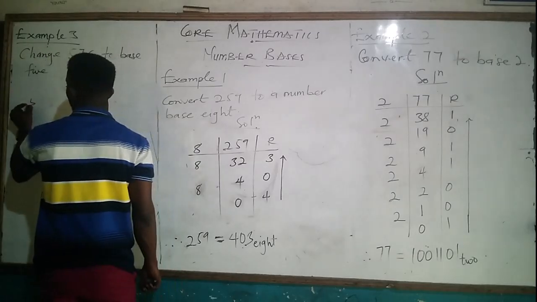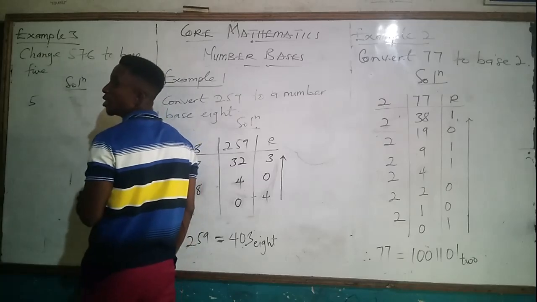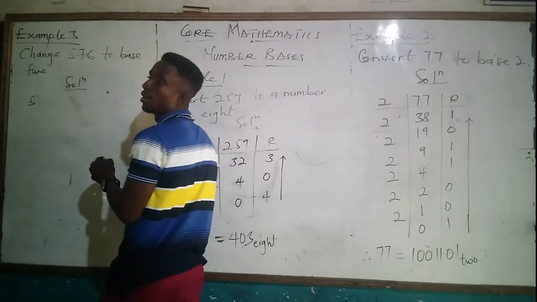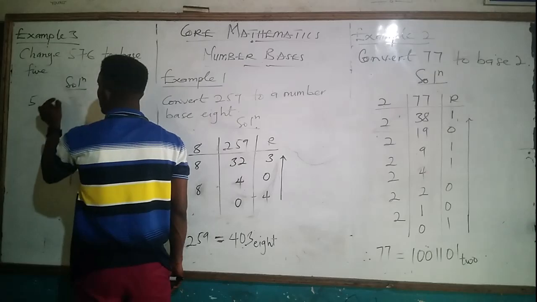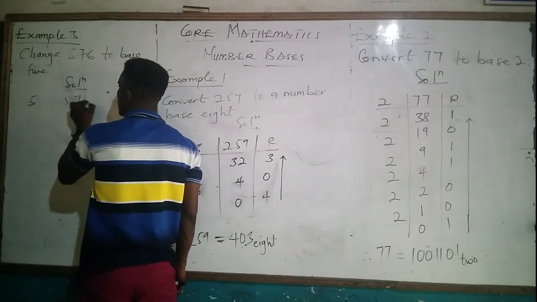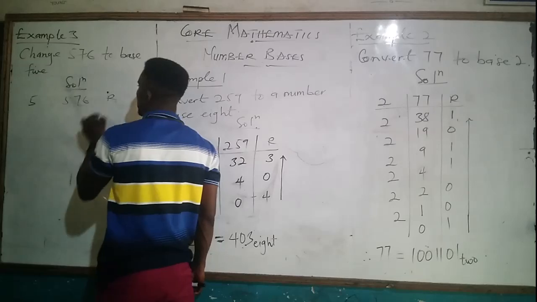So the same thing. I have my base number, which is 5. I have my decimal number, which is 576. Then the remainder is here.